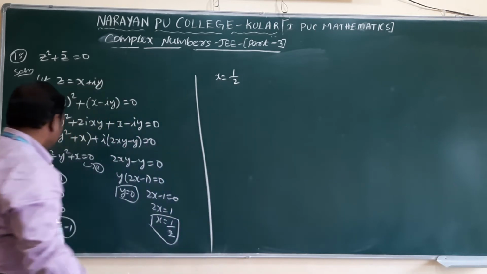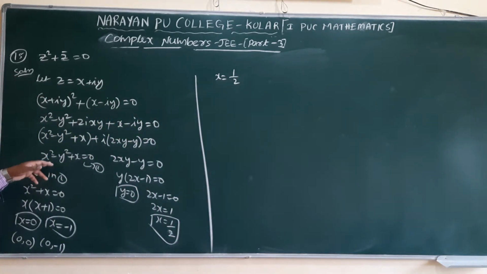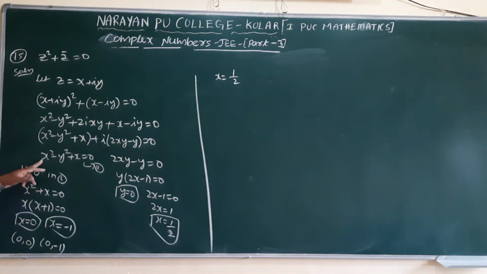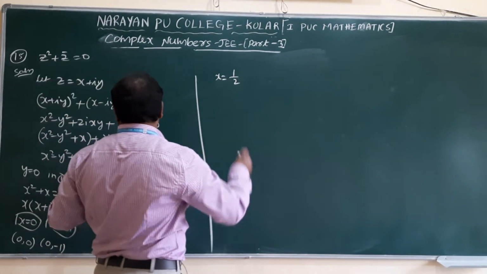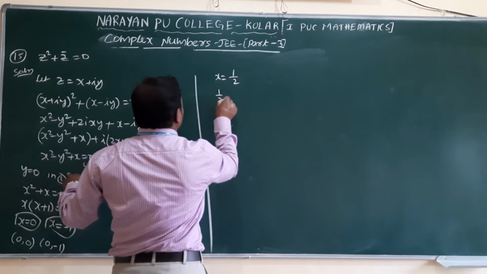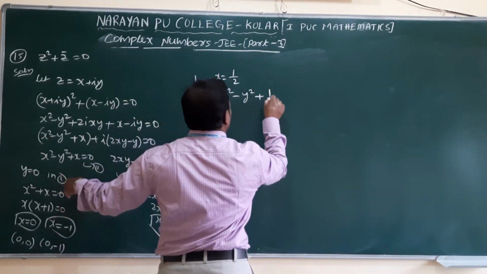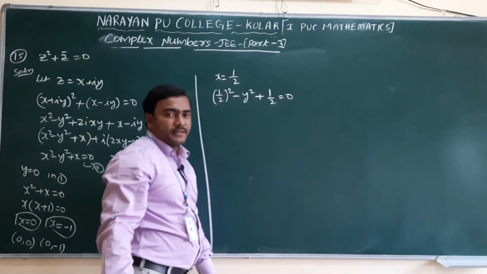Putting x is equal to 1 by 2 in equation number 1, what do we get? 1 by 2 whole square minus y square plus 1 by 2 is equal to 0.